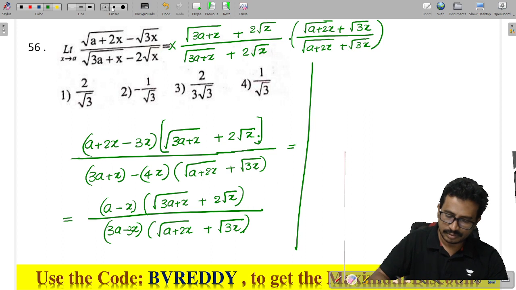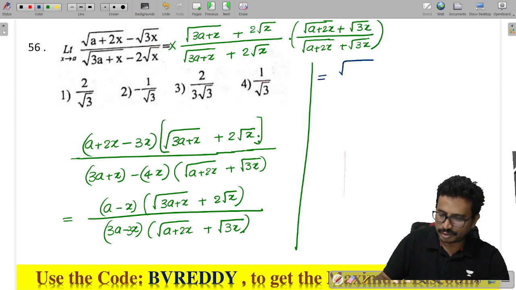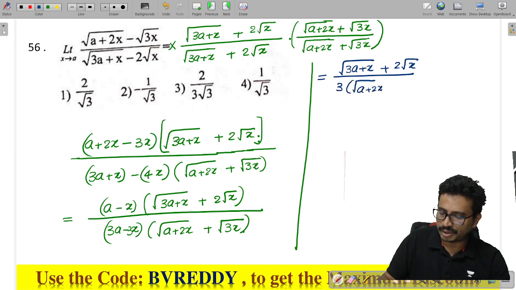So then, which is equal to square root of 3a plus x plus 2 root x by 3 into square root of a plus 2x plus root 3x.